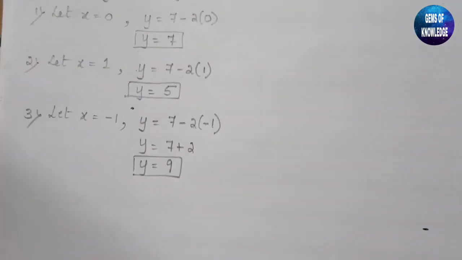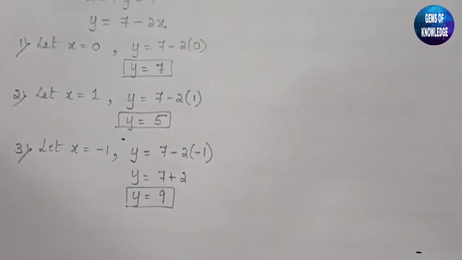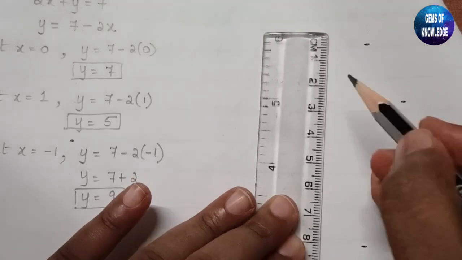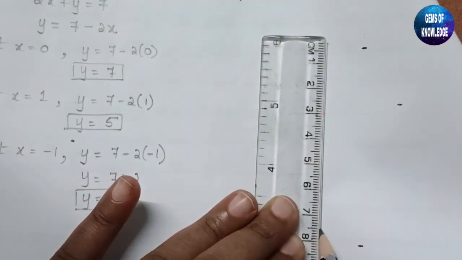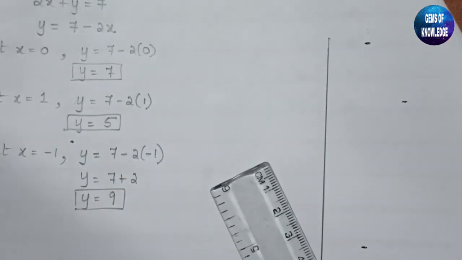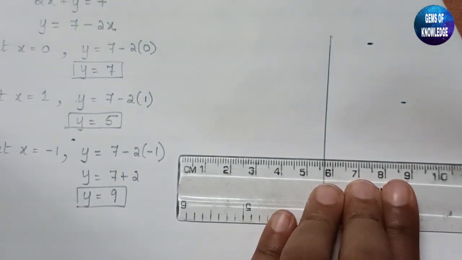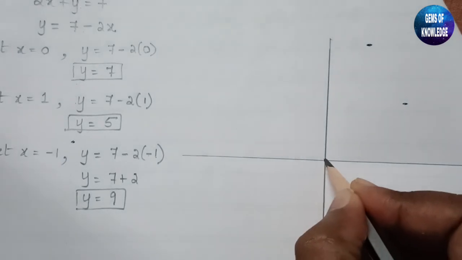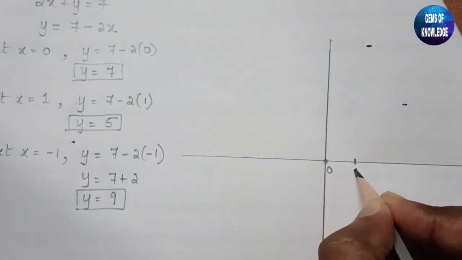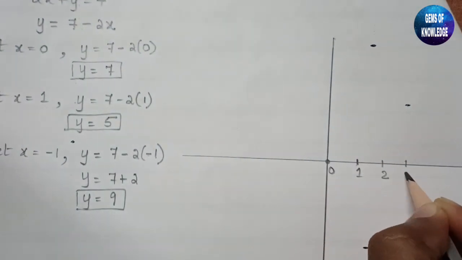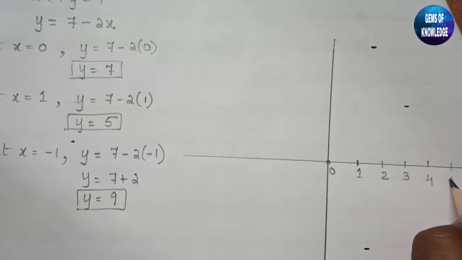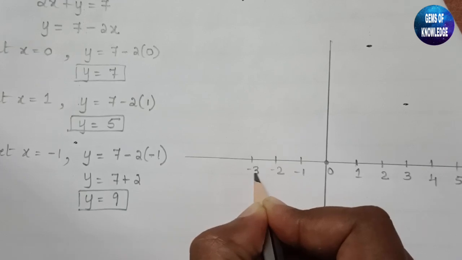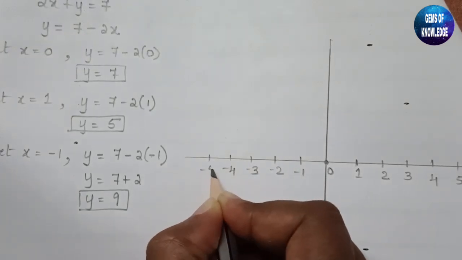Okay, so here only let me draw the graph for you. And one more line from here. Now we will consider this point as 0, 1, 2, 3, 4, 5, and from here minus 1, minus 2, minus 3, minus 4 and minus 5.